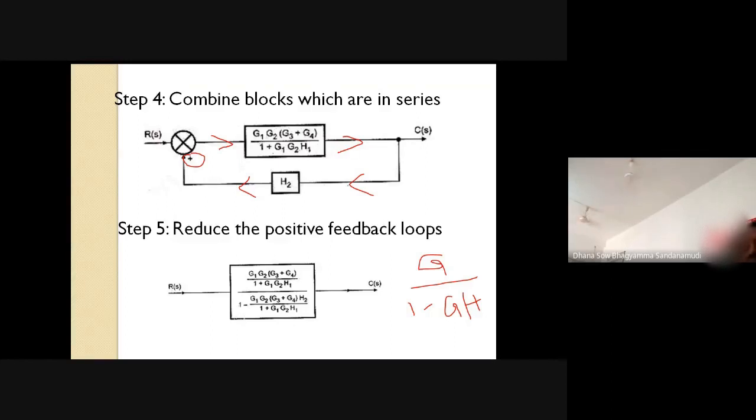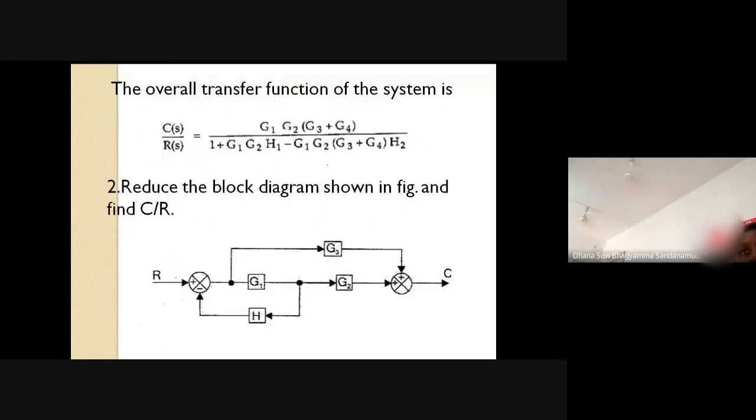This whole magnitude is G, and the H value is H2. That's what I have written here. If you observe clearly, you can further simplify it mathematically, and you will get our overall transfer function of the system.